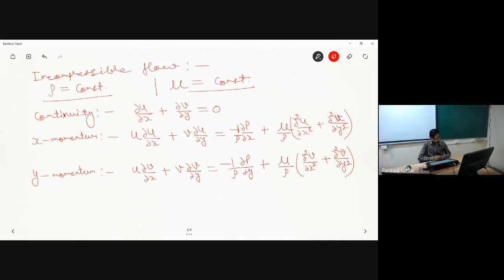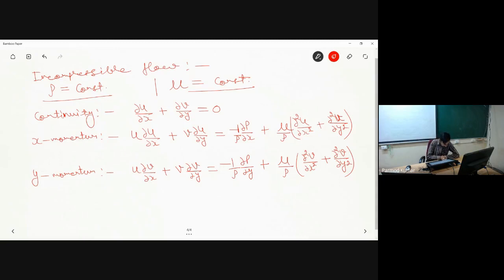Now we have this form of equation, and we have one trouble: how to estimate the pressure over here. For estimating this pressure, we can employ two approaches.